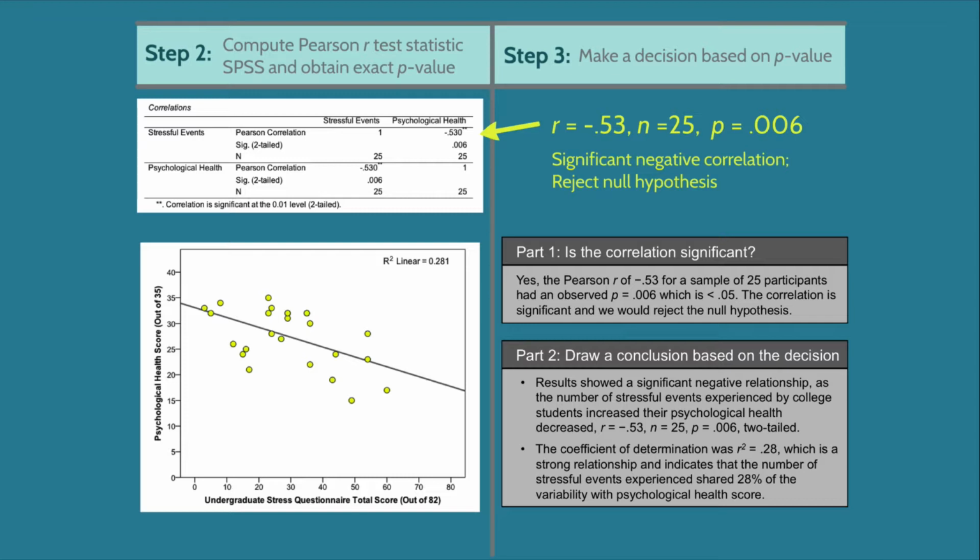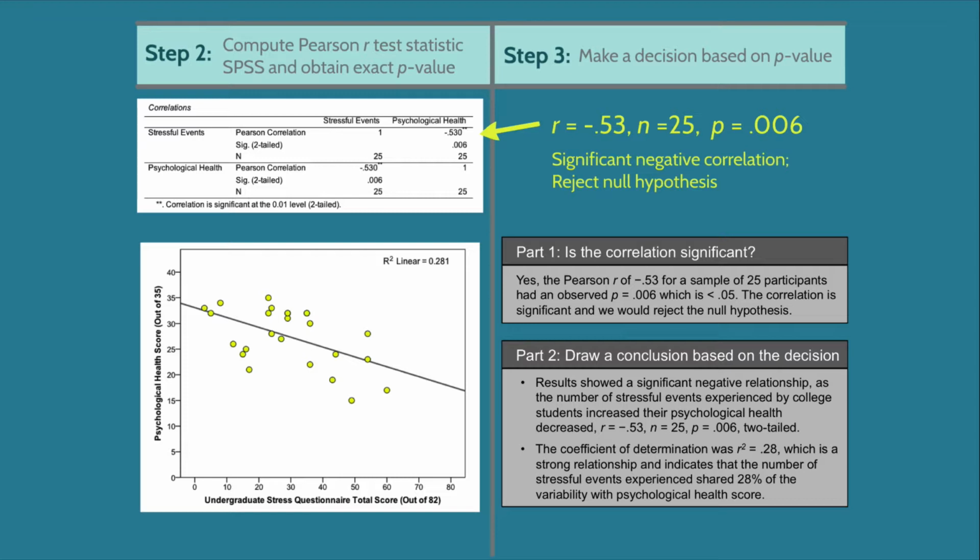You also see two asterisks or stars by that number, which is SPSS's way of telling you that the correlation is significant. In this case, two asterisks mean that it's significant at the 0.01 level, so even more highly significant than the 0.05 level.